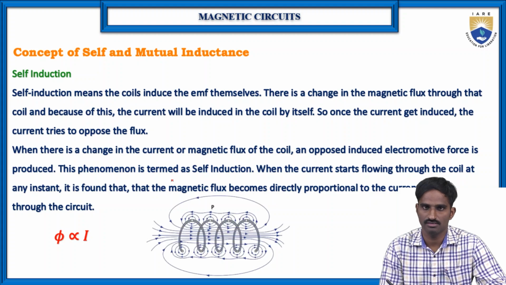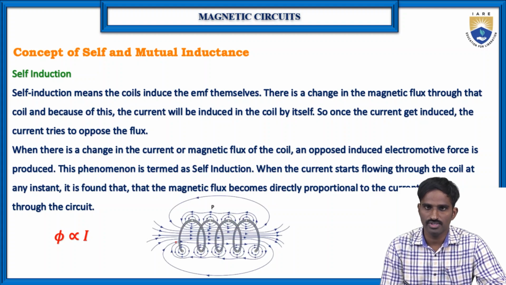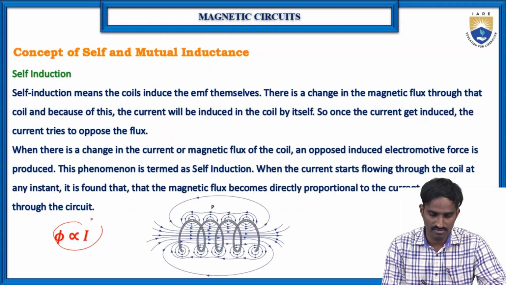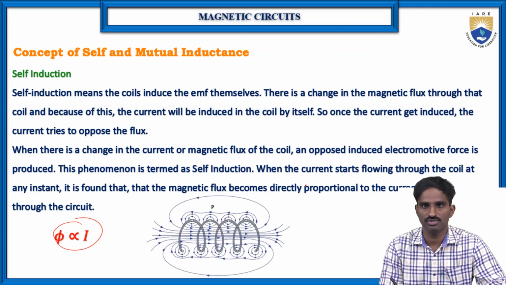self-inductance. As you can see in this relation, phi is directly proportional to the current, which means the flux or the field is directly proportional to the current induced in the coil. Why is the current flowing through the coil? Because there is a change in magnetic flux.